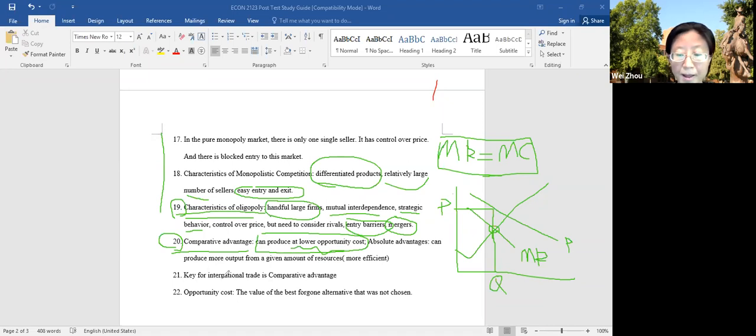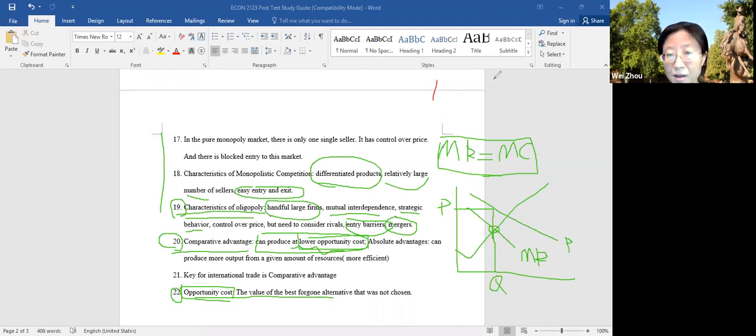That is all for the macroeconomics. The last one I want to review is the opportunity cost, because sometimes when we talk about opportunity cost in chapter 26 for international trade, some students forget what that means. Opportunity cost means, if you choose to use this resource to produce something, then what you gave up, the value of the best foregone alternative that was not chosen, will be the opportunity cost.